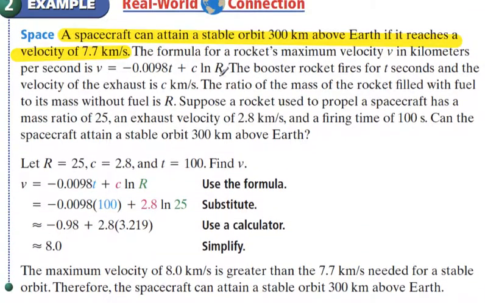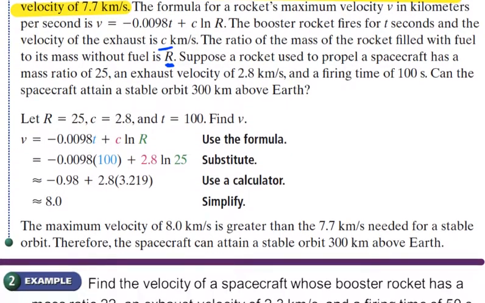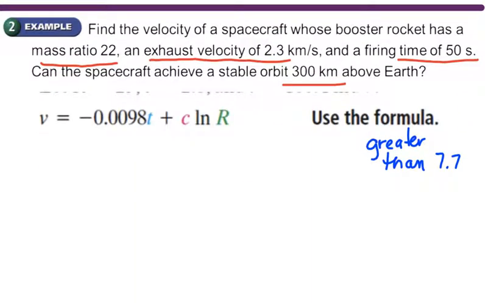All right, the velocity of the exhaust is C. The ratio is R, and the T is time. So C is your exhaust, R is your ratio, and T is the time.